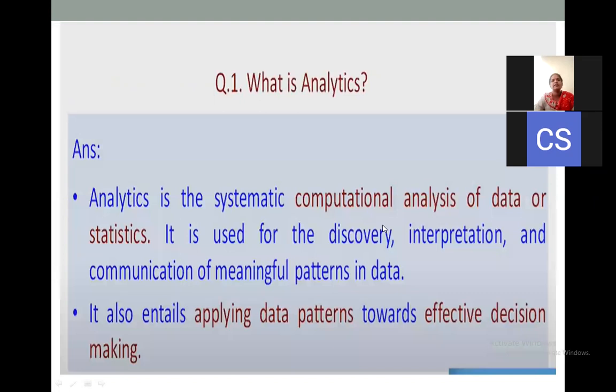What exactly is analytics? Analytics is the computational analysis by which we discover, interpret and communicate meaningful patterns in the data. It means you can find the correlations in the data, find the interpretation of that data, and discover useful and meaningful information from big data.